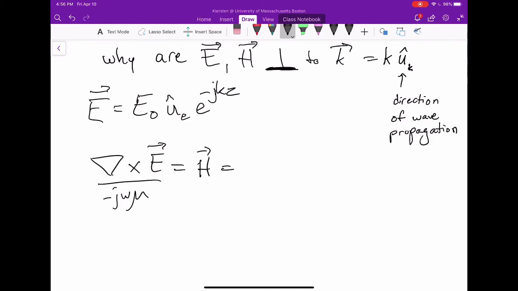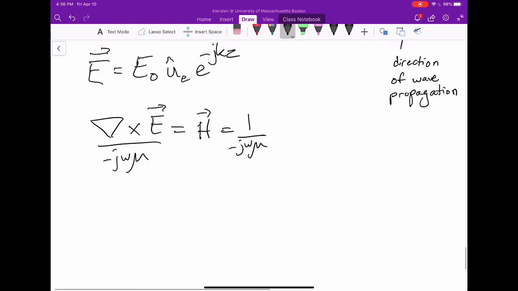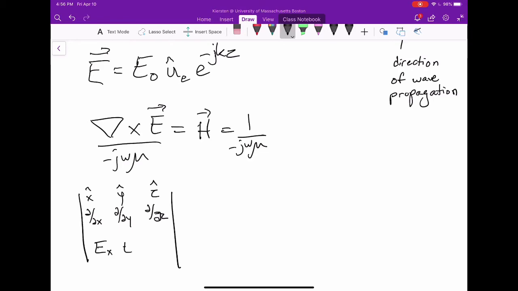So if we write down what the expression is for curl, and now I always have to write this out as the matrix determinant method, so I do x hat, y hat, z hat, derivative with respect to x, with respect to y, with respect to z, and then I've got Ex, Ey, Ez here at the bottom, and I'm taking the determinant of this matrix.